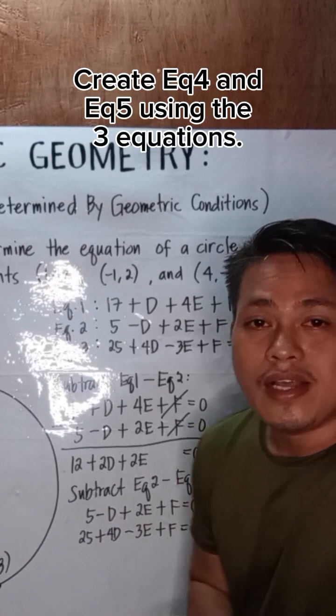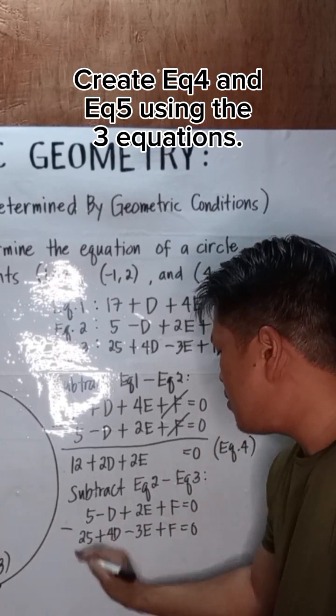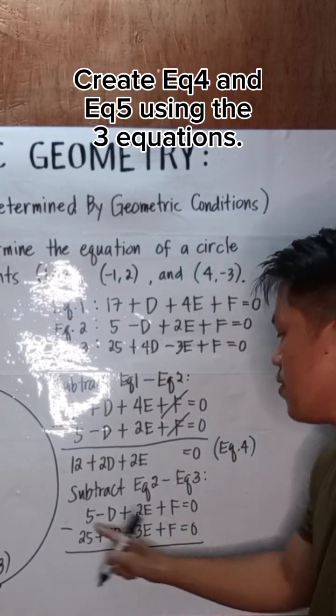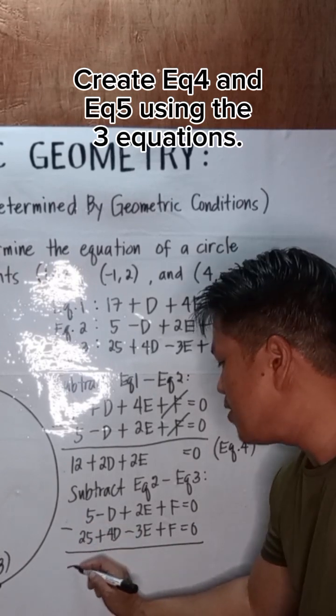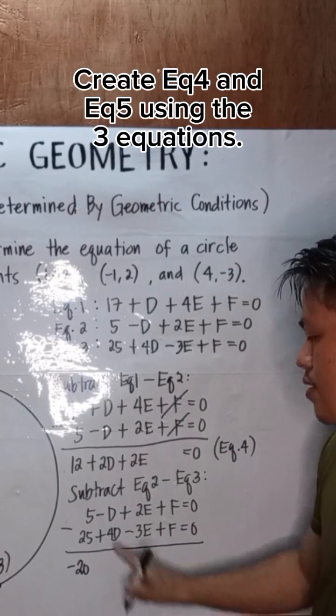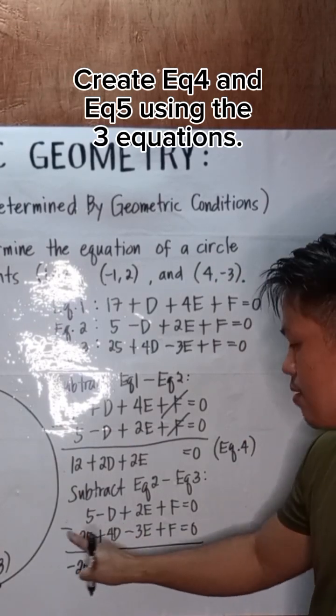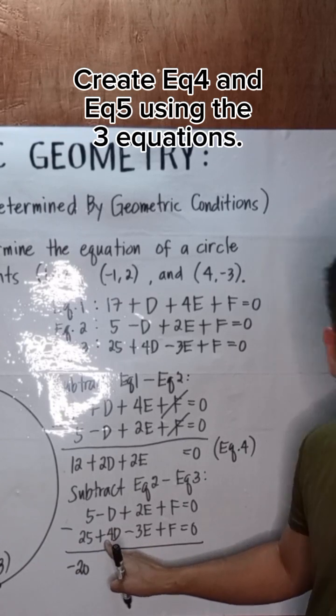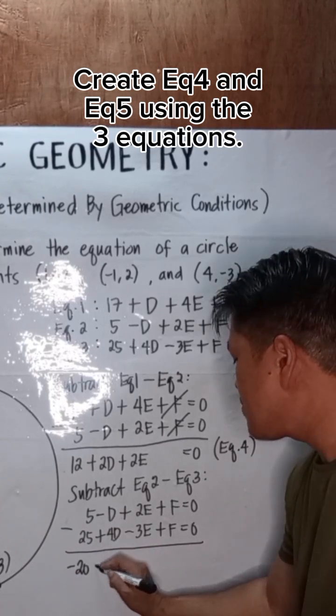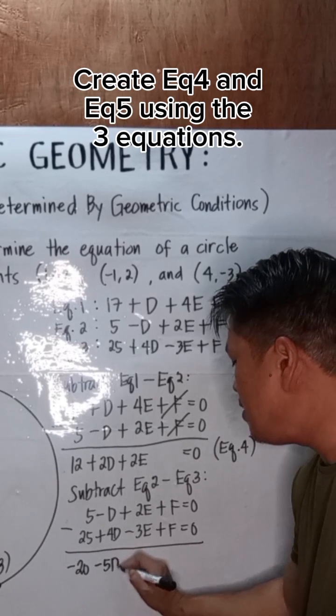So, ang gagawin ulit natin is isa-subtract. So, 5 minus 25 is negative 20. Then, negative 1 minus 4 is negative 5. Kaya, negative 5D.